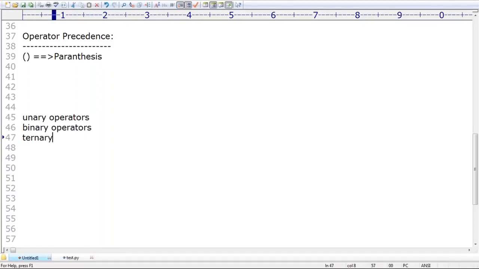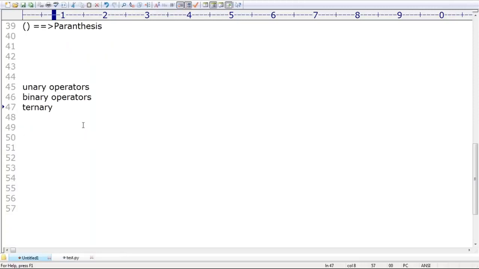Can anyone tell me what a unary operator is in any programming language? Something like the complement operator, the Boolean complement operator.